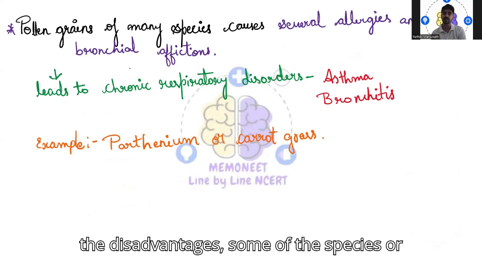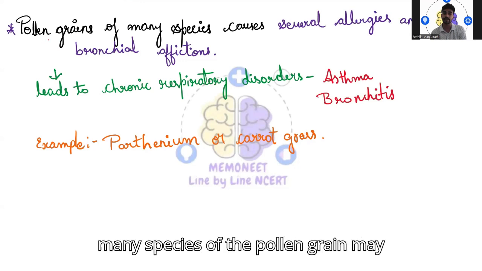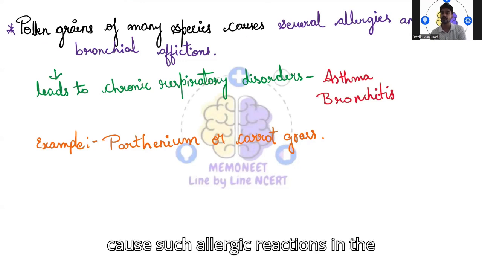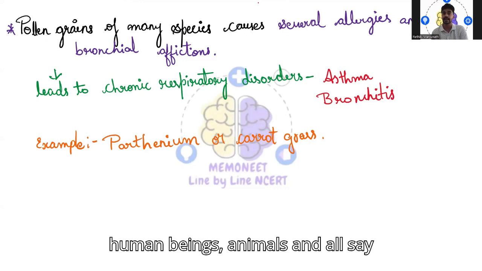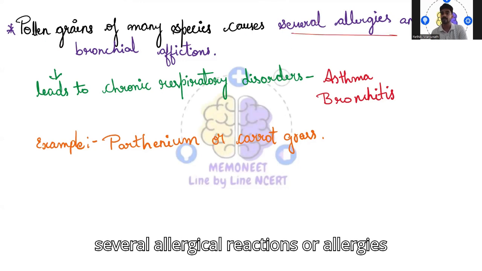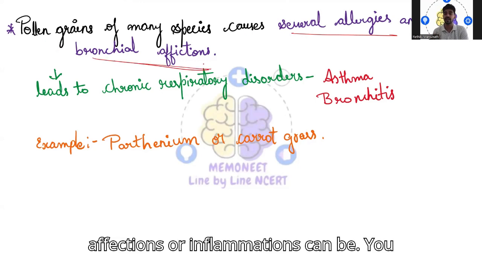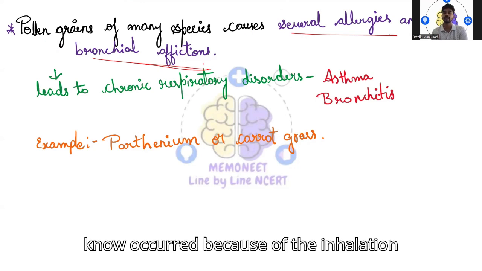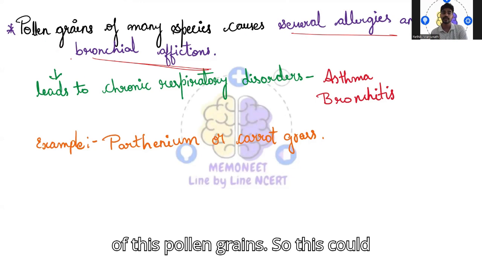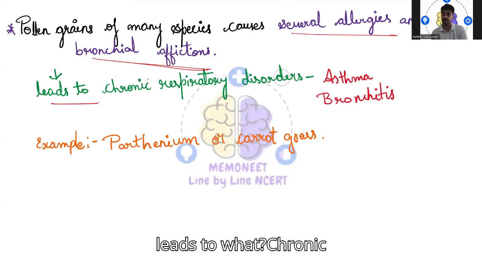Coming to the disadvantages, many species of pollen grains may cause allergic reactions in human beings and animals. Several allergies and bronchial affections or inflammations can occur because of the inhalation of these pollen grains. So this could lead to what?